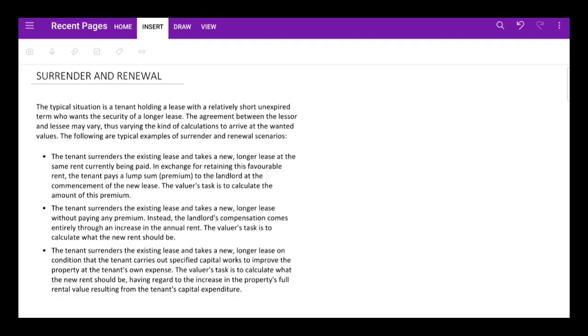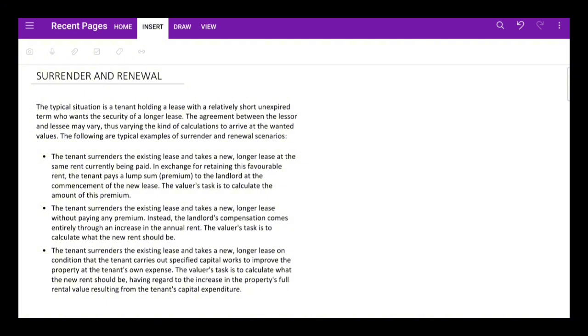Let's begin. The surrender and renewal is a very unique concept in property valuation, and I have written out some things on the screen here to kind of explain how surrender and renewal works.